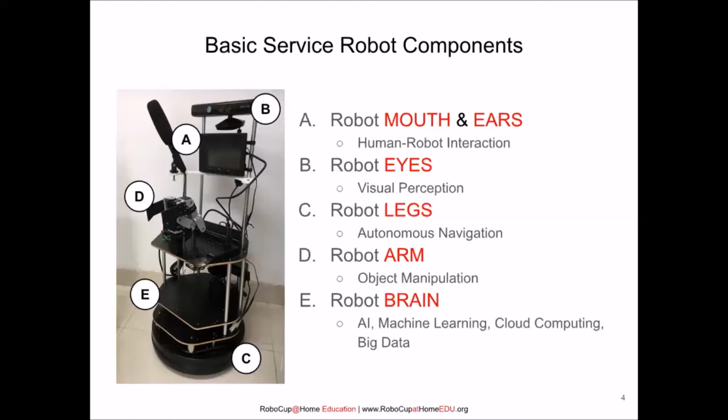But maybe this arm is not as strong, and maybe it is just one arm, so it is not as flexible as a human being's arms, but at least it can do some physical tasks. Without an arm, it is very hard for the robot to do anything physical. Like you need to press a button, for example. You want to take the lift, you need to press the button.